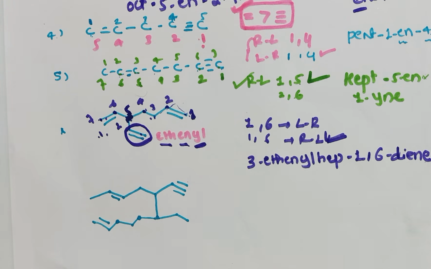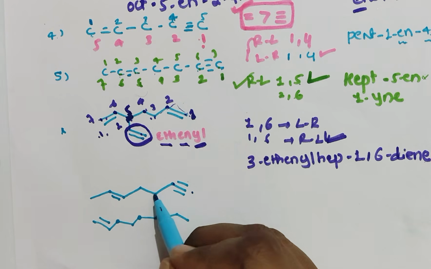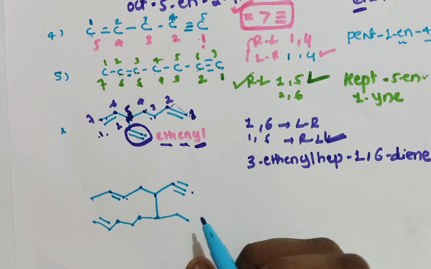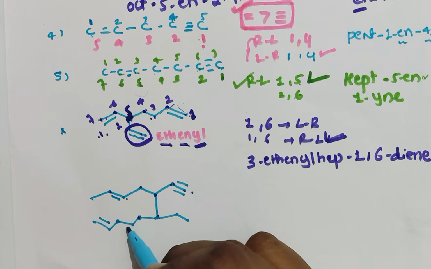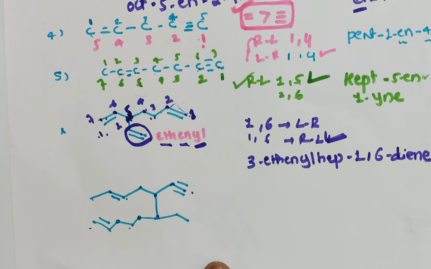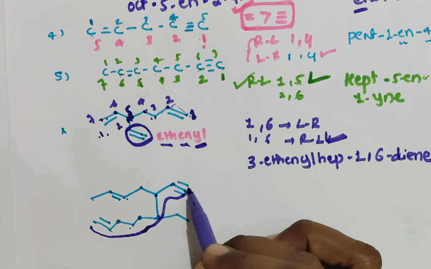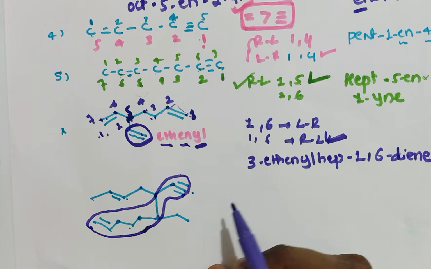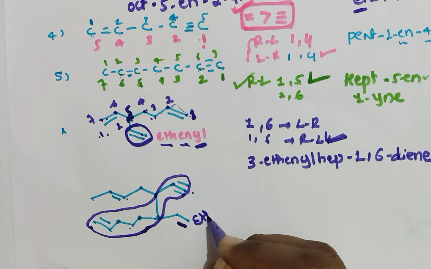Again apply the same rule. Select the longest chain. 1, 2, 3, 4, 5, 6, 7, one chain is there. 1, 2, 3, 4, 5, 6, 7, 8, 9. Select the longest chain which has both the double and triple bond. If we select the chain like this, then here 2 carbon atoms are there and the prefix is ethyl.